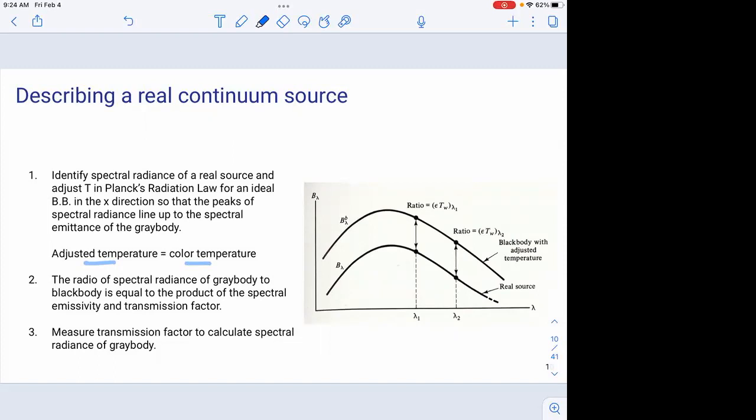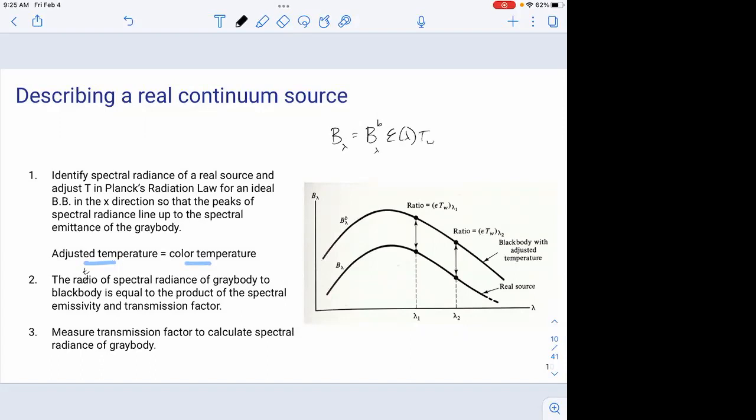So then I can take the ratio of spectral radiance of the gray body to the black body, and that is equal to the product of the spectral emissivity and the transmission factor, which should make sense because we said that the total spectral emittance of the gray body was equal to the black body multiplied by the emissivity multiplied by the transmission window.